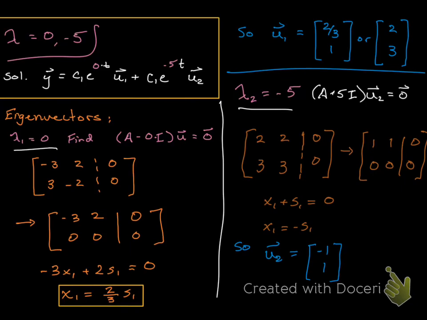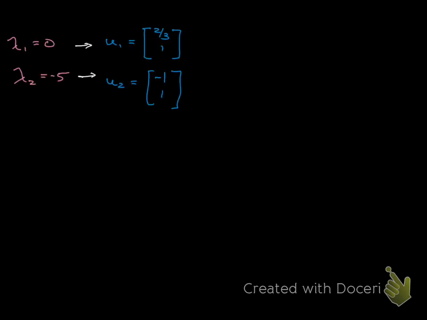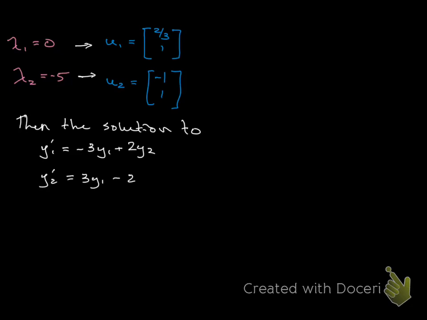Okay? Now, from here, how does that show up in my solution? So what I've got are my eigenvalues and eigenvectors there, and they're corresponding. And I just write the solution. So, going back to what I saw before, the solution to this system is C1 e to the lambda 1 t u1 plus C2 e to the lambda 2 t u2.